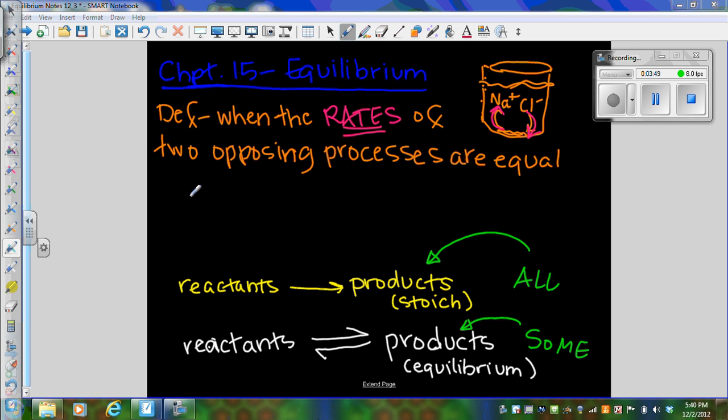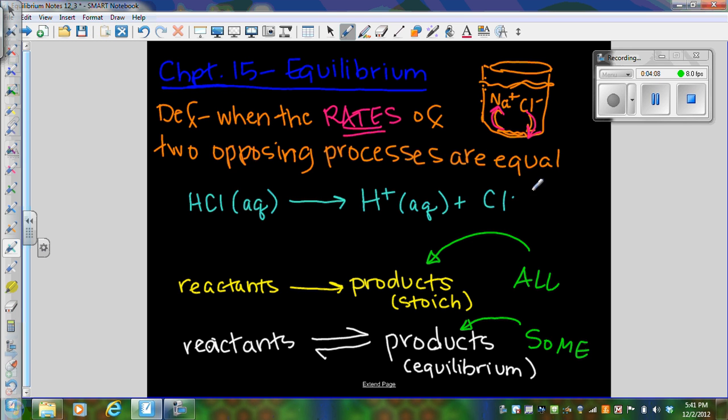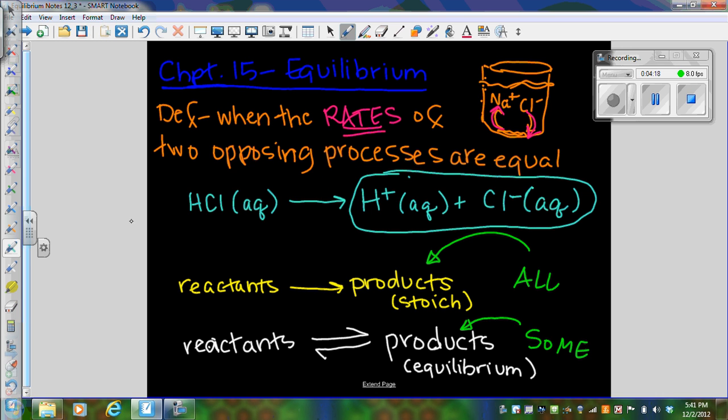So if I have a strong acid, like let's say hydrochloric acid, we had talked about when you put hydrochloric acid in water, it completely dissociates. So what that means is you get all ions. So in reality, what you really have is just your ions, and you don't have any of the molecular HCl left. So that would be stoichiometry.